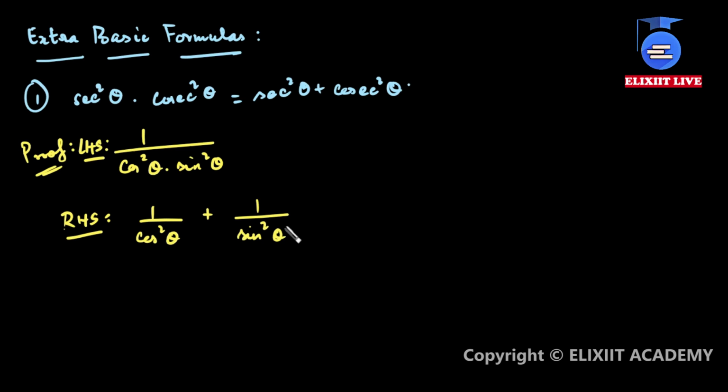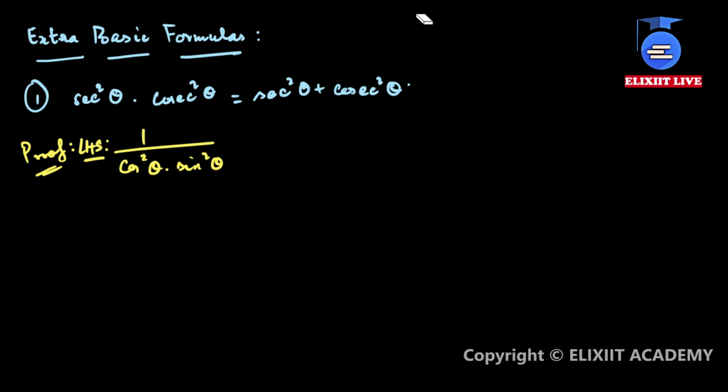I will take the LCM. Or you need not take the LCM. Achha, let's do one thing. Let's not do it from the right hand side. We can do it from the left hand side itself.